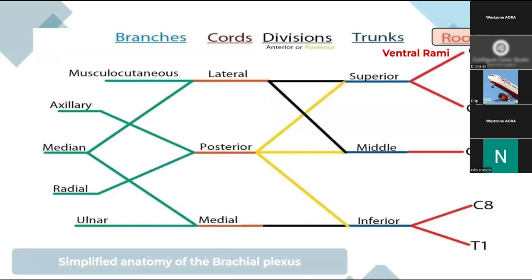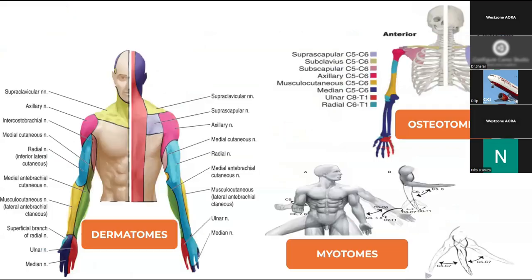Briefly talking about the brachial plexus, we have the roots of C5, C6, C7, C8, and T1, which merge to form the trunks, superior, middle, inferior. Following that, we have the anterior and posterior divisions, which form the lateral, posterior, and the medial cord. The branches of relevance are the musculocutaneous, axillary, median, radial, and ulnar nerves.